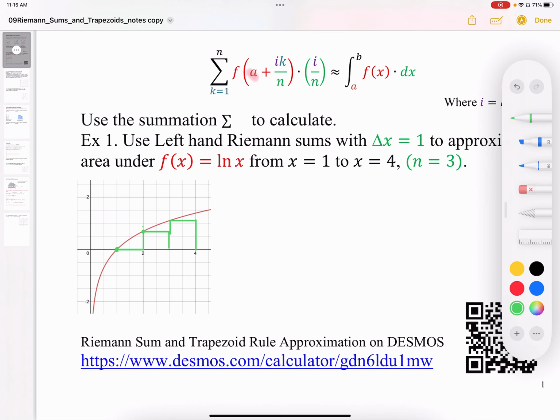Okay, so the first term is going to be, we'll take the height. In this case, it's going to be 0. So that's going to be the height for the first term. And then we need to multiply by the interval width, which is the delta x, which is the interval width divided by n.